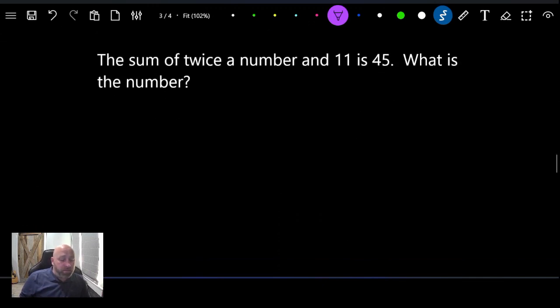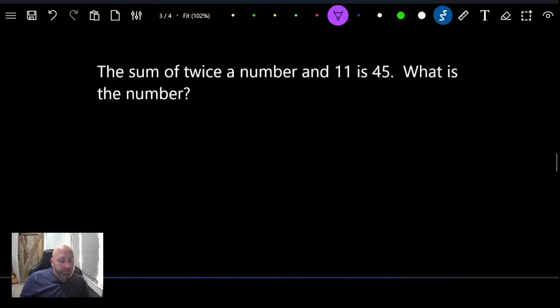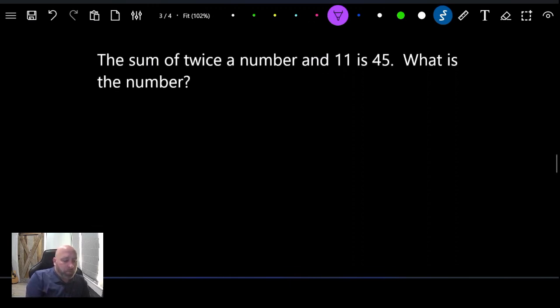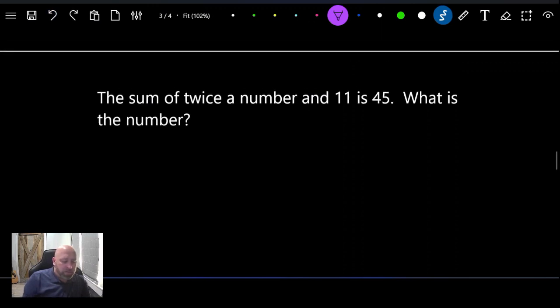All right, let's do a word problem since I know you love those so much. The sum of twice a number. What does that mean? Well, we know that this word sum means an addition, right? So we're going to have an addition of twice a number. How would we say that? Twice a number. We say twice a number by 2 times x, or 2 times n, or 2 times whatever letter you want to use. 2x.